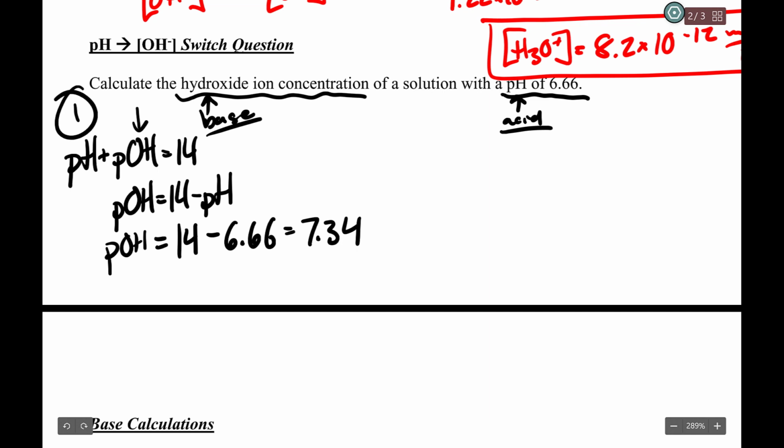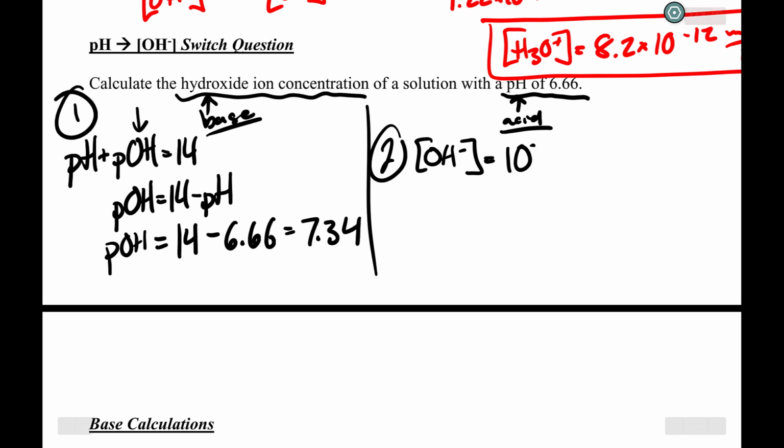So this is my first step. I've converted the acid information to base information. Now I need to do a conversion within base. So in my second step, I'm going to get the hydroxide ion concentration by taking the pOH and going 10 to the negative pOH. So this is 10 to the negative 7.34.